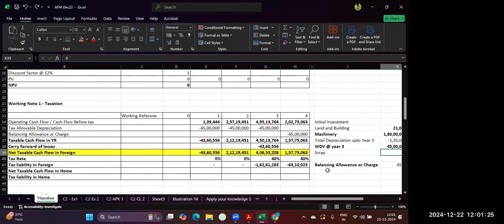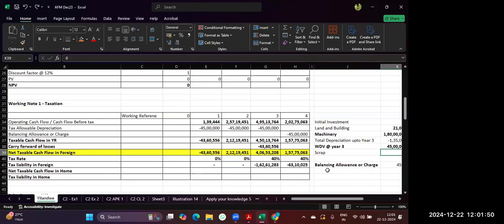Now, first year, you're making a loss, correct? Is there any further information on the tax that is given to you? No tax for first 2 years, correct? That means can I set off anything on the losses? It says you can carry forward.